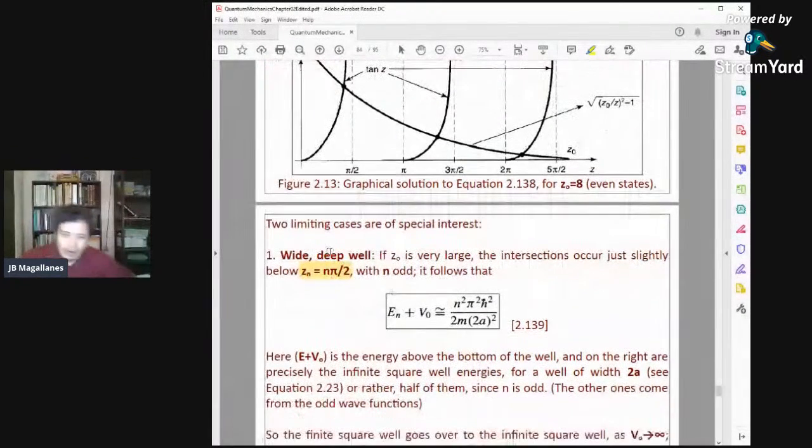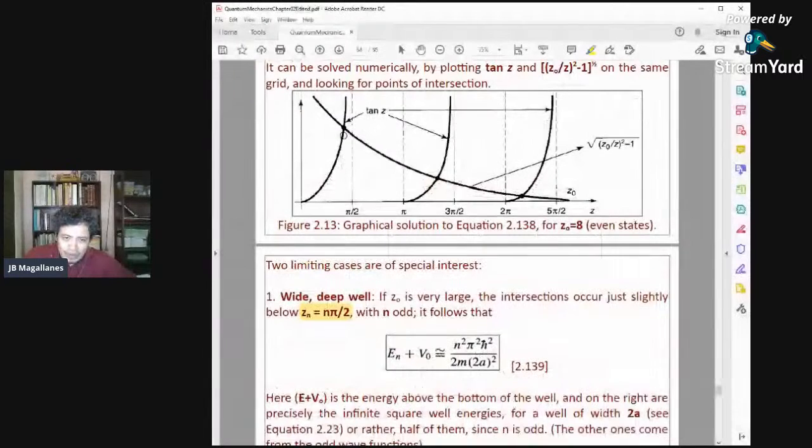For Z1 you have it here. For Z here there isn't any intersection in this range of values, but here you have an intersection, so that your n is always odd.